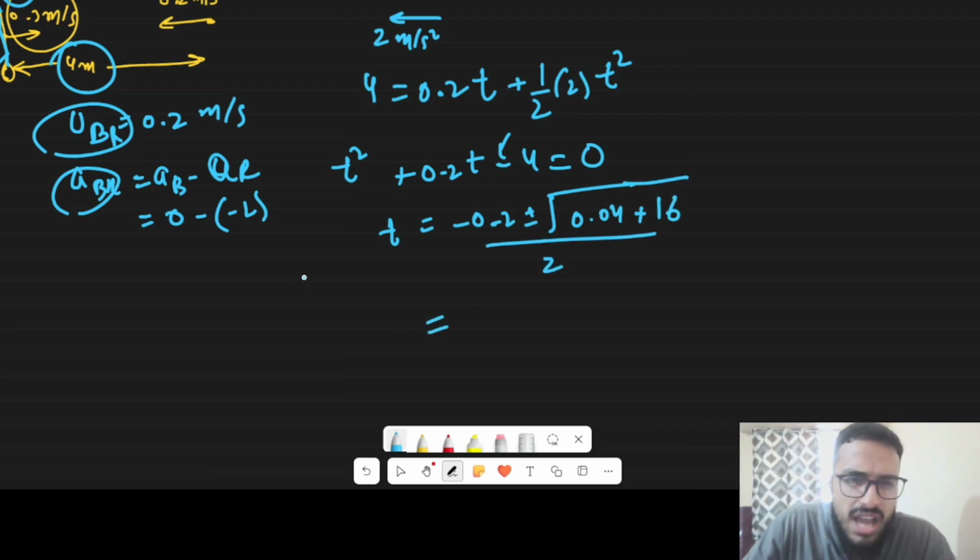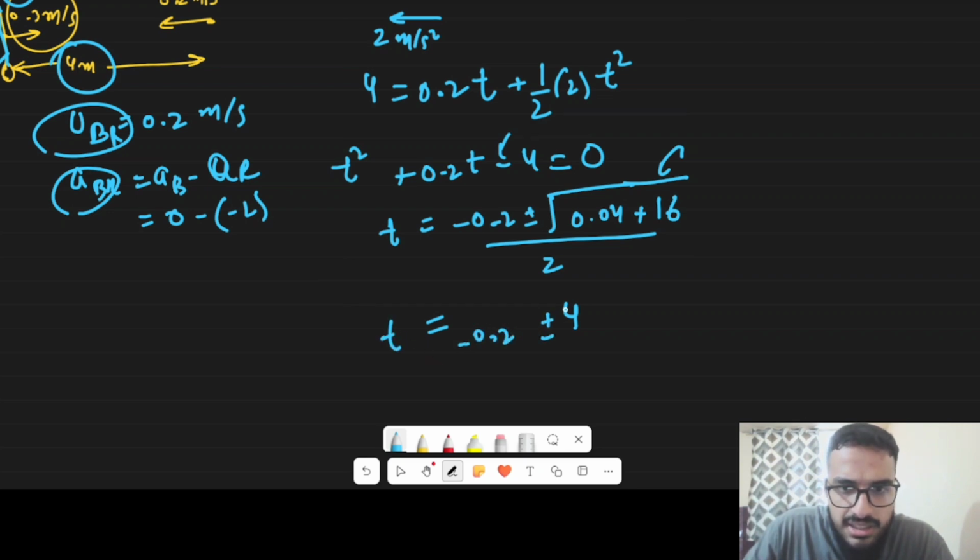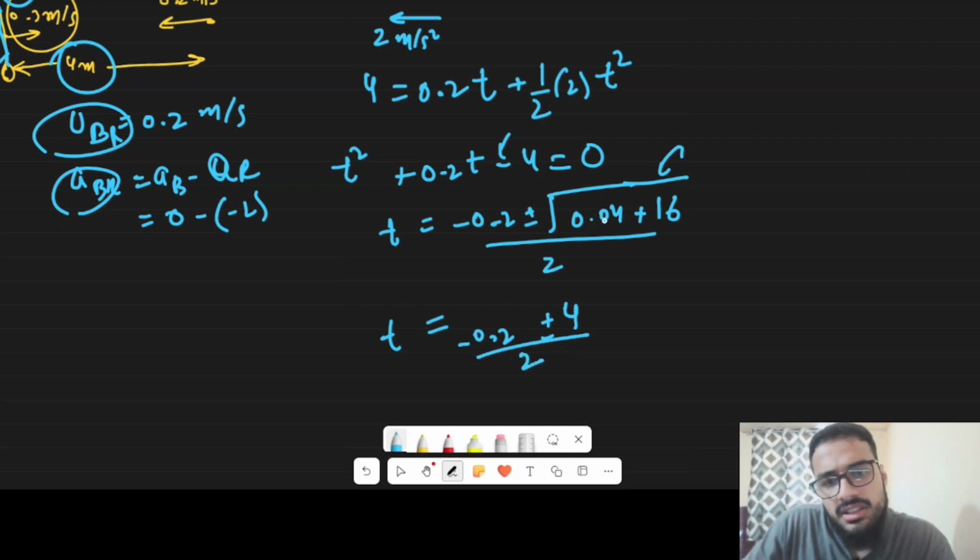So basically, because you have to approximate the answer, can we say this is nearly somewhat 4, isn't that? Plus minus 0.2 times, isn't that? Now can we say divided by 2? Basically we just took it to be 4 only, isn't that? 16.04 is somewhat near 4.